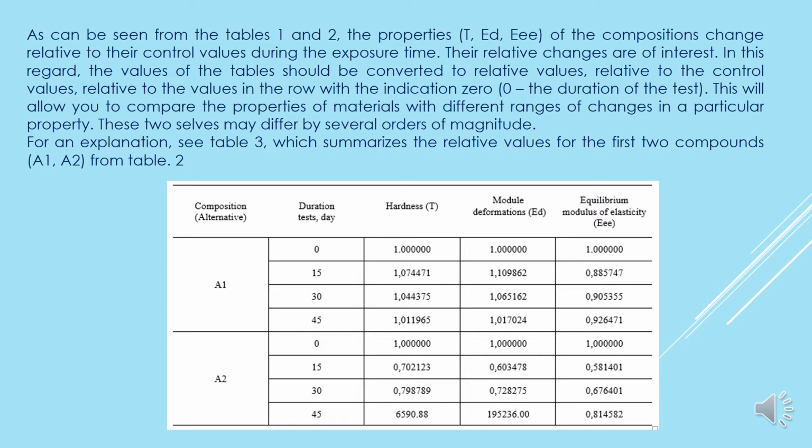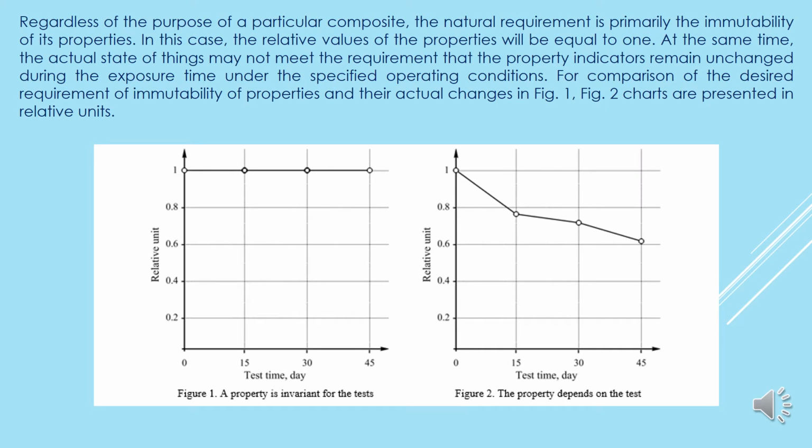For an explanation, see Table 3, which summarizes the relative values for the first two compositions A1 and A2 from Table 2. Regardless of the purpose of a particular composite, the natural requirement is primarily the immutability of its properties.